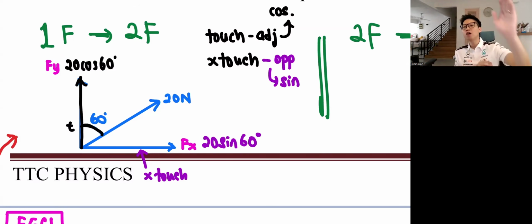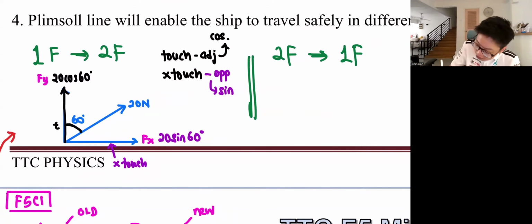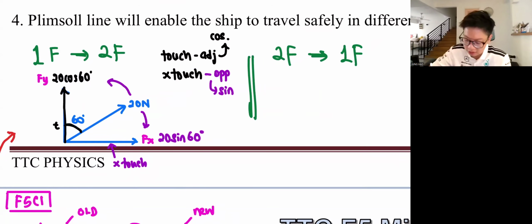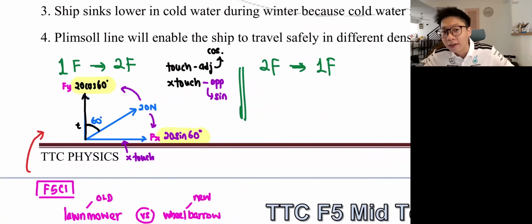We have 20 cos 60 on one side and 20 sine 60 on the other side. So from one force, we split it into two forces. I think most of you should be able to do this. Correct or not? From one force to two forces.